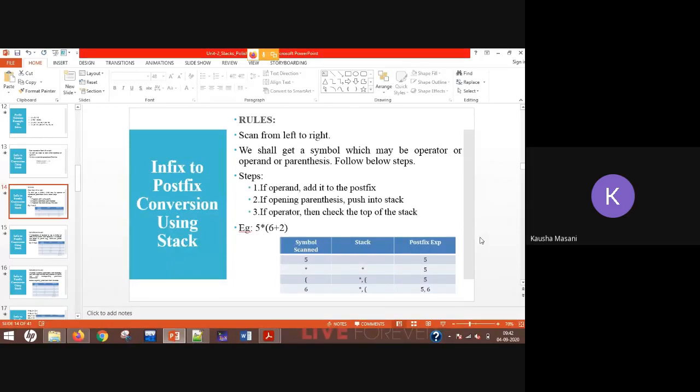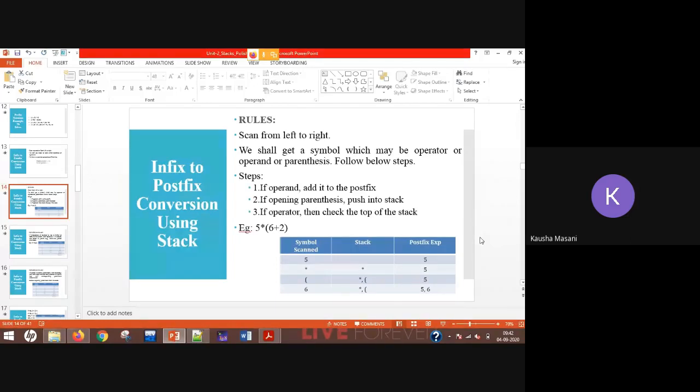If it was an operand, directly you don't have to think anything, just go and place it in your postfix expression. If it is an operator and there is no operator on the top of the stack, then simply go and add that operator.